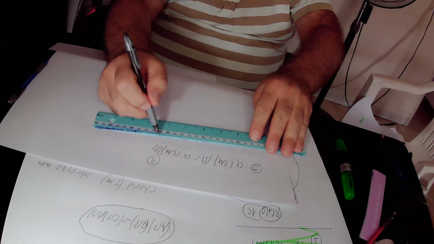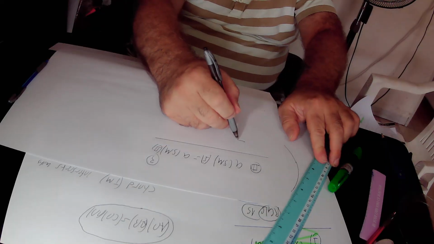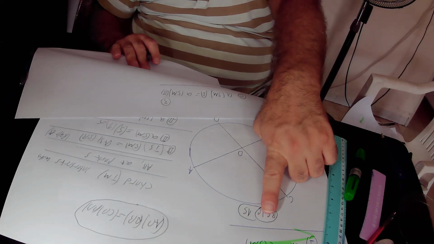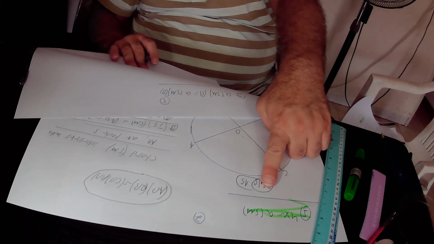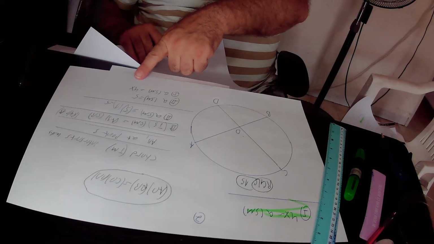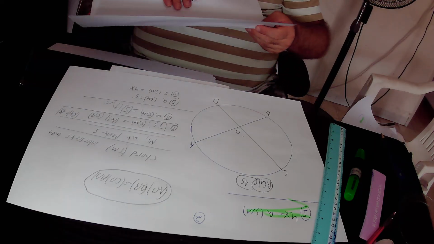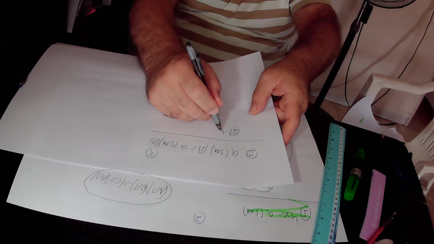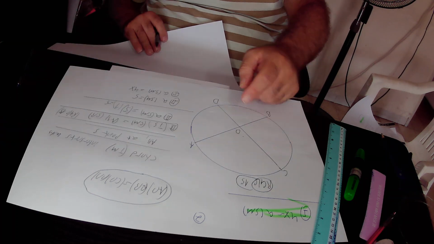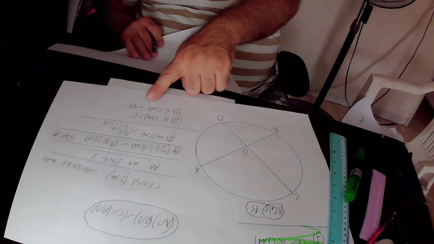A times SM according to equation 1 is equal to 4x, and it must be equal to A times SM according to equation 2. A times SM according to equation 2 is 5.